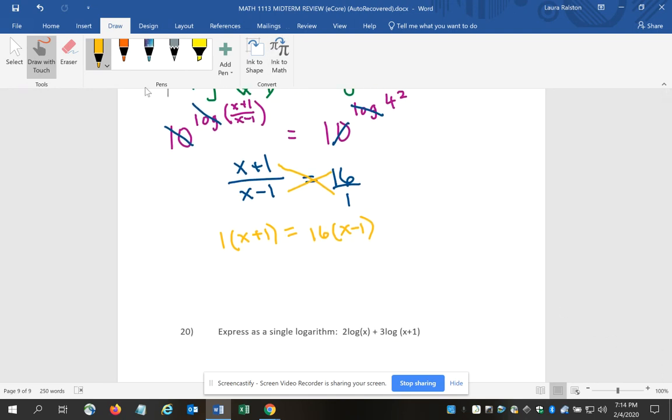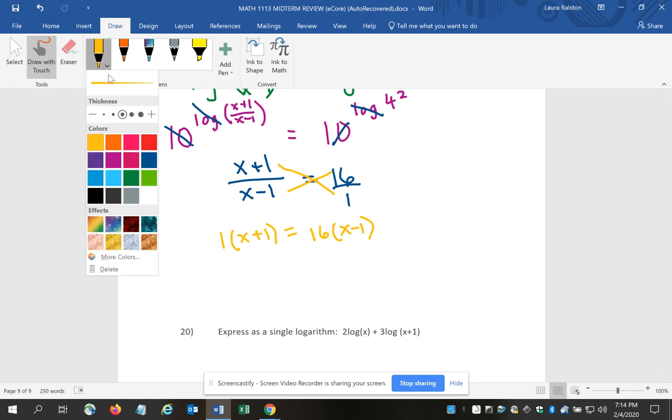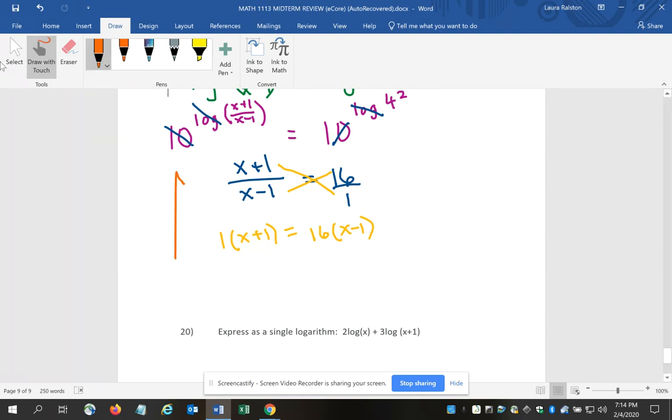I'm going to distribute and get rid of the parentheses before I begin collecting like terms. So I have x plus 1 equals 16x minus 16.